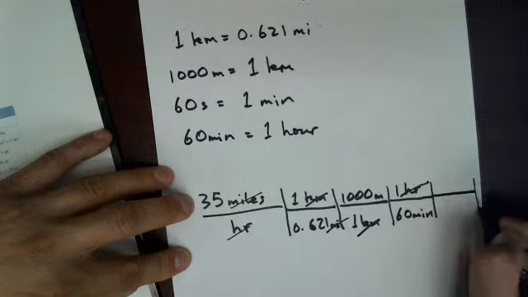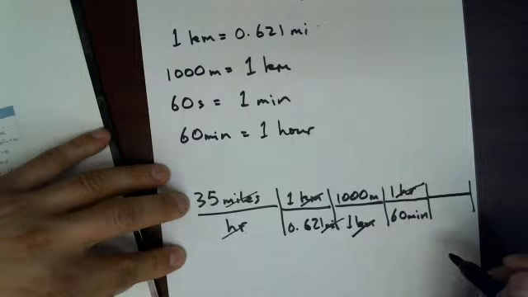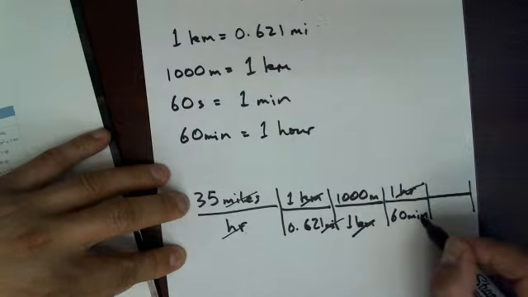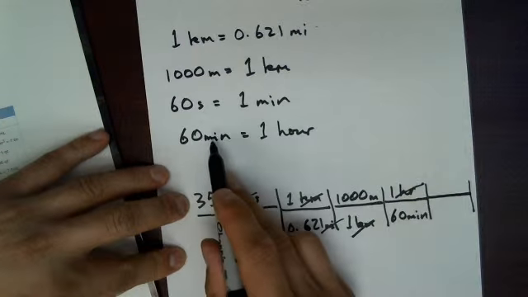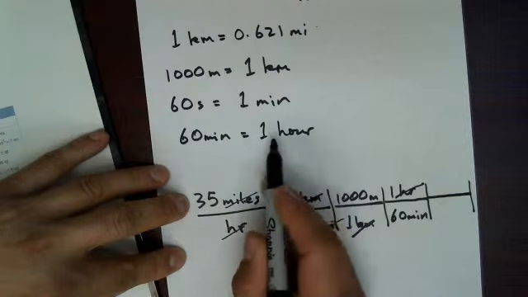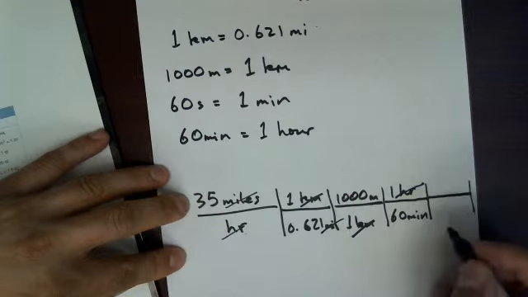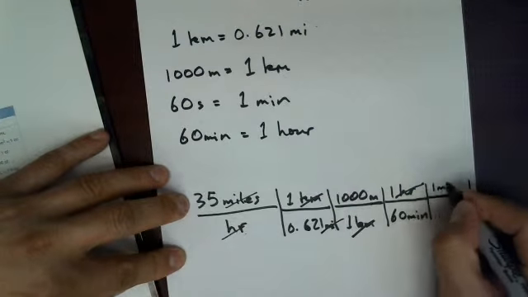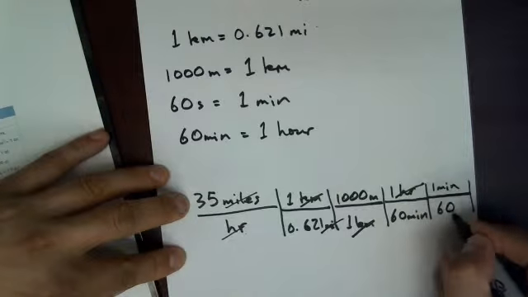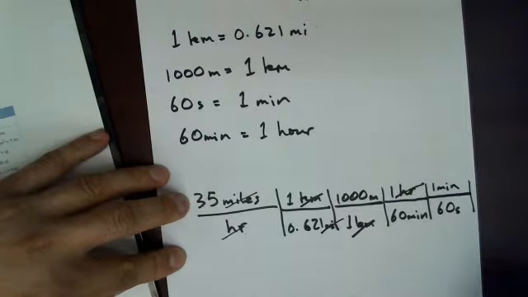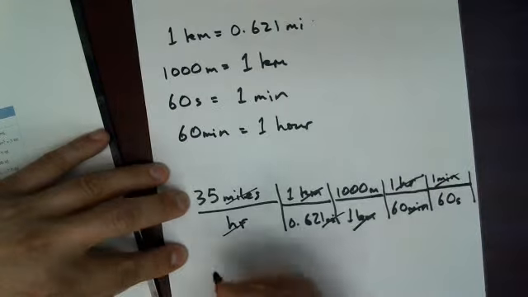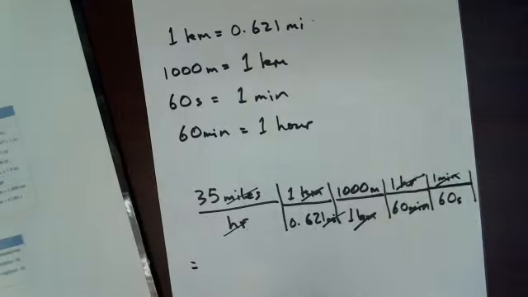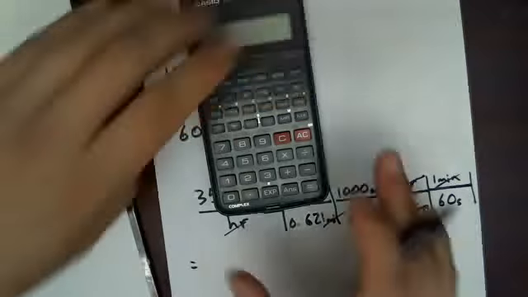The final conversion is going to be converting the minutes into seconds. I know there's 60 seconds in 1 minute, so I put the 1 minute on the top and the 60 seconds on the bottom. That's going to cancel. All up, you multiply in your calculator everything that's on the top.